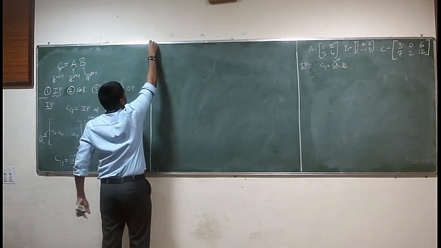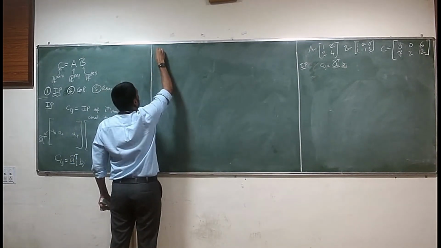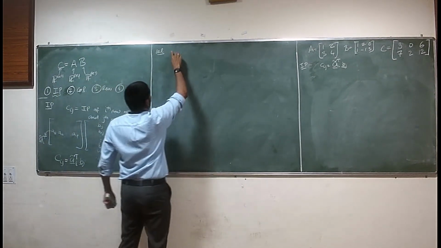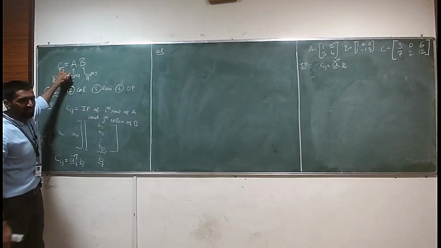All right. Now the next idea, the column view or column interpretation. How many columns does C have?